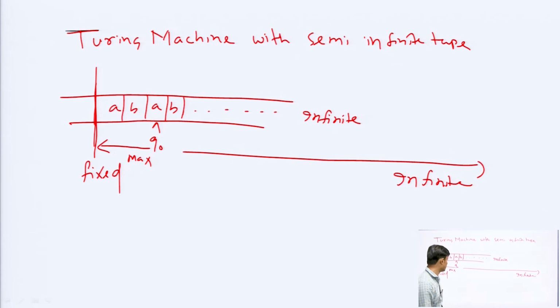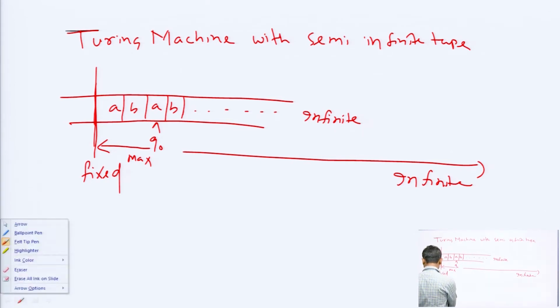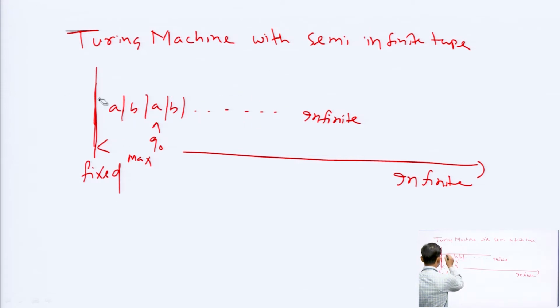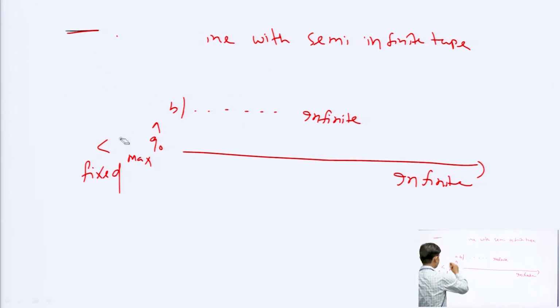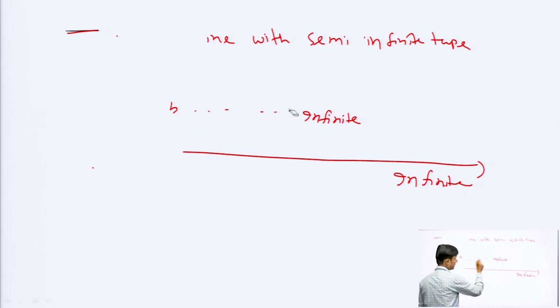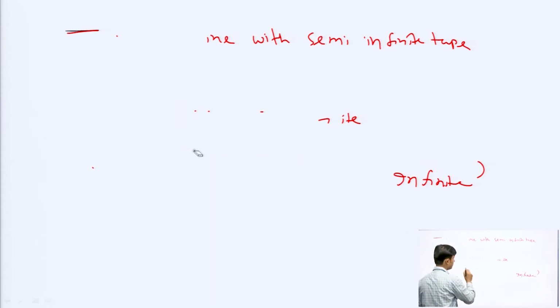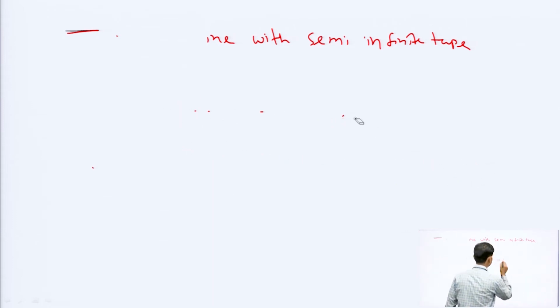This jumping Turing machine means like this, let me draw the diagram. This is the jumping Turing machine.